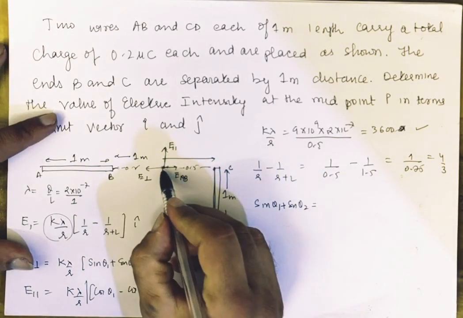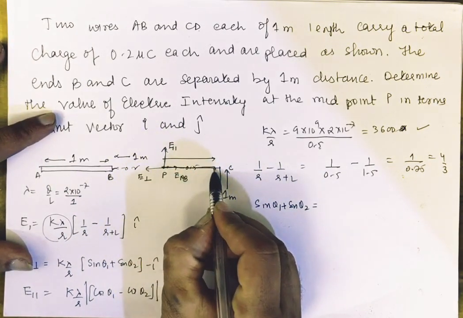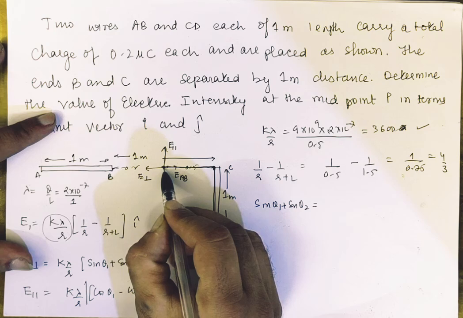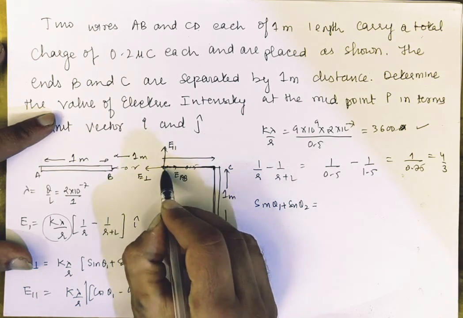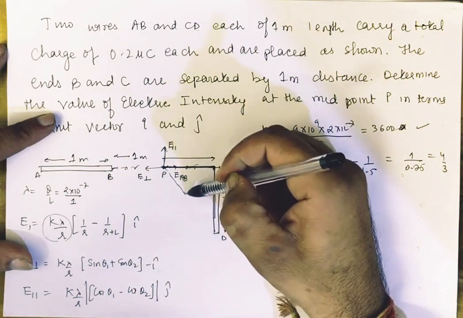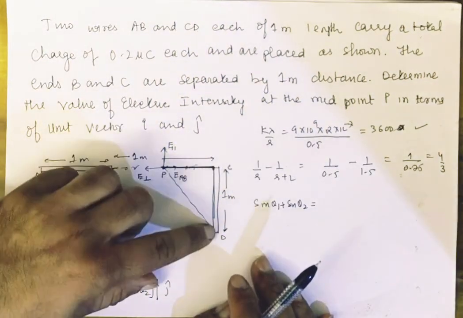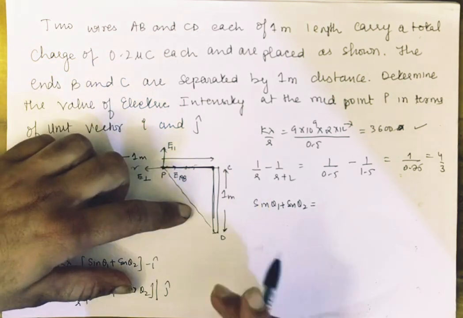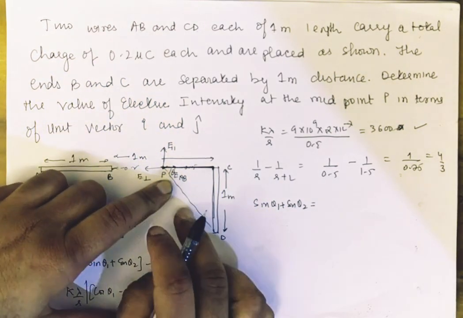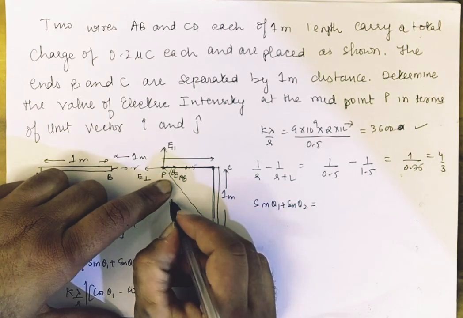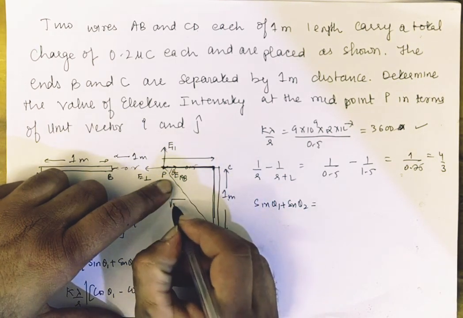One angle already is 0, because we take the angle from the line joining the edge and the point of interest. So one angle will be 0, and the other angle will be this. This is 1 meter, this is 0.5. By Pythagoras, 1 square plus 0.5 square is 1.25.